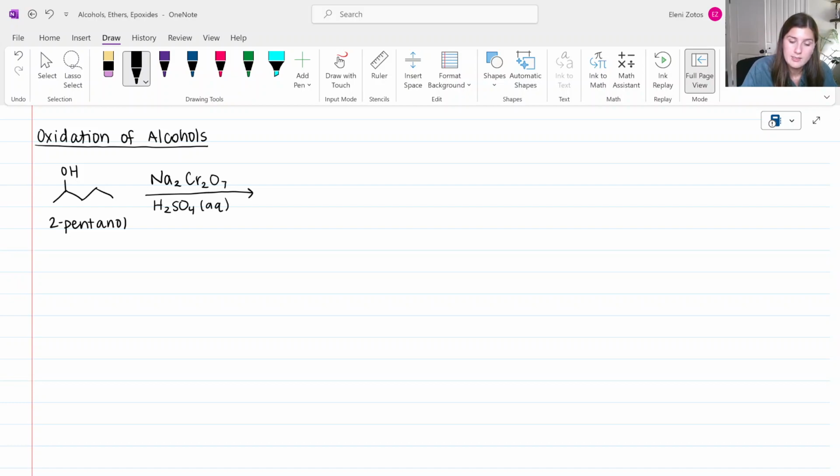This combination of reactants is an oxidizing agent. Then we would end with a ketone. So this is 2-pentanone.